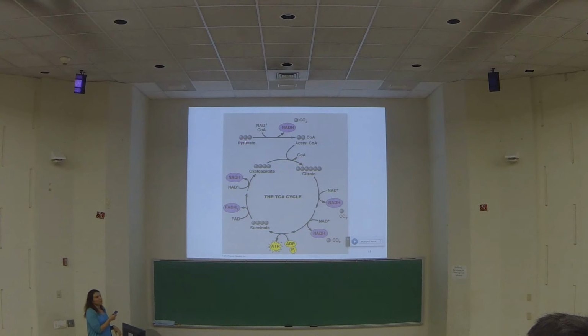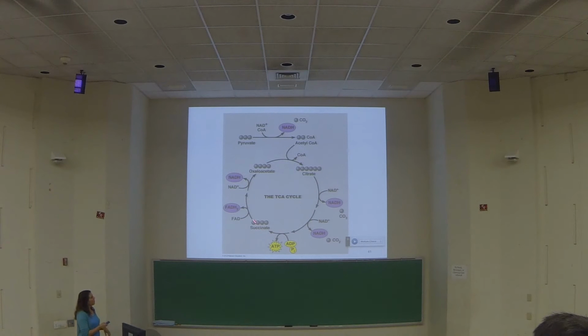Pyruvate is a 3-carbon molecule. We strip off a carbon dioxide so that we have a 2-carbon acetyl-CoA. That 2-carbon acetyl gets joined with a 4-carbon molecule to form a 6-carbon molecule.